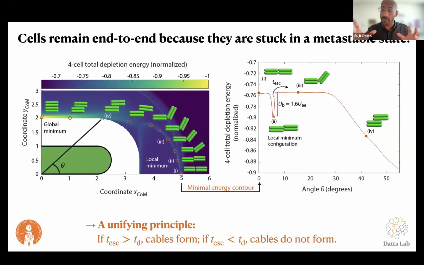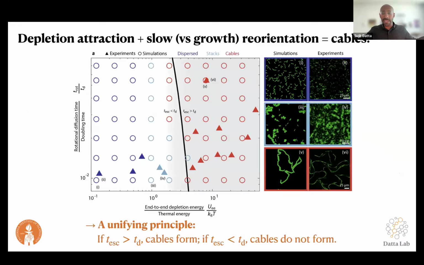And so we can quantify this prediction across many different cell types, polymer compositions, concentrations, and that results in this state diagram that I'm showing you on the left here. The x-axis shows you that comparison of energy scales. So adding more polymers, right, is going from left to right. That increases the depletion energy, right?